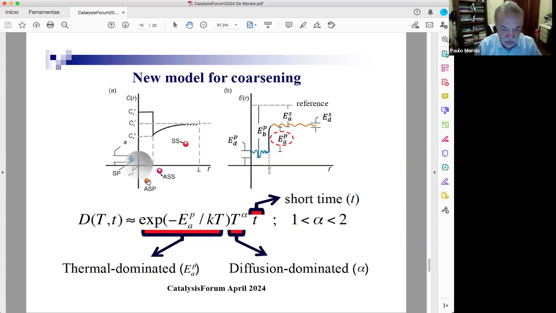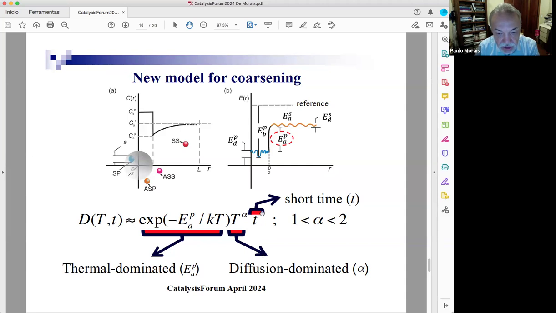So you can, of course, perform some classical calculation using classical distribution like the Boltzmann distribution. And then you can see that the size scales with temperature and time. So here is how it scales in terms of the energy barrier and the temperature. Here is, of course, the thermal-dominated term, which is typically the Boltzmann statistics term, and this is the diffusion-dominated term.